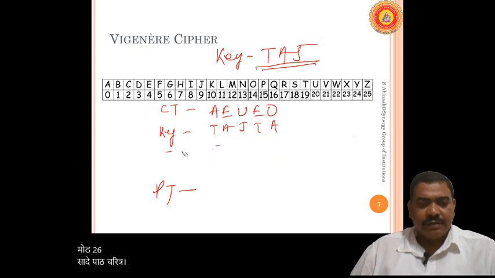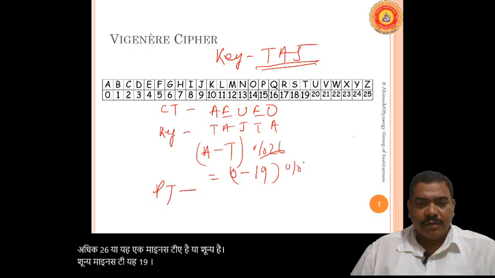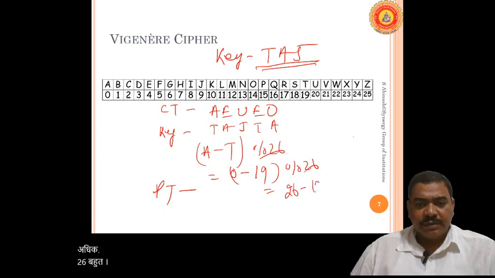So here we have to write A minus T, mod 26. A is 0, 0 minus T. T is 19, so 0 minus 19 mod 26, that is 7. The 7 is H.